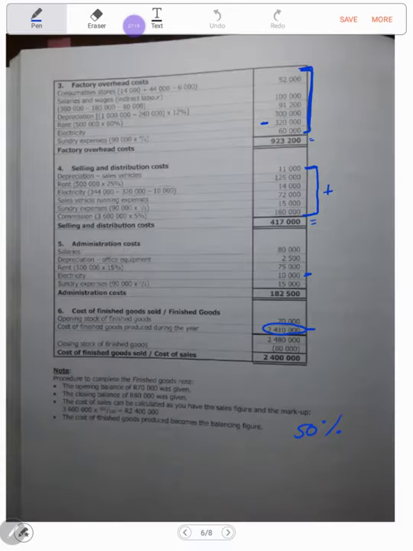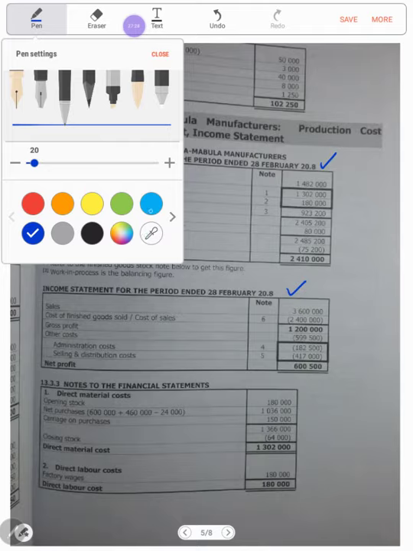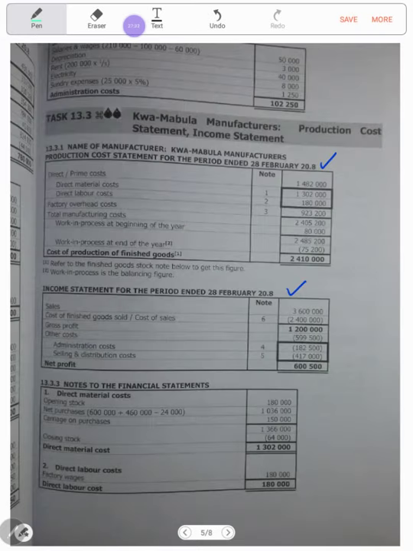Okay, so now that all the notes are complete, we can basically complete the production cost statement as well as the income statement given to us. Direct material costs, we've taken it from note number 1. The total is 1,302,000. I've placed it over there.